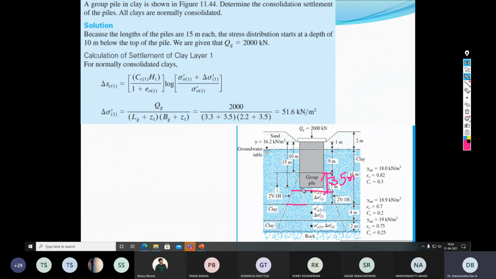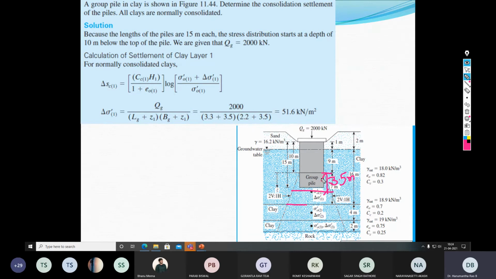So LG and BG are different, and they are already given in the sum. Please look into the previous slide. LG is given as 3.3 plus Z1 of 3.5, and BG is given as 2.2 plus Z1 of 3.5. So 2000 divided by (LG plus Z1) into (BG plus Z1). This is nothing but load divided by the area.